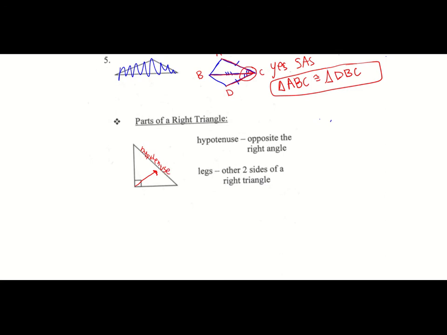And then once we have our hypotenuse labeled, our other two sides are the legs of our triangle. So hypotenuse is the longest side of the triangle, and it is always opposite the 90-degree angle.